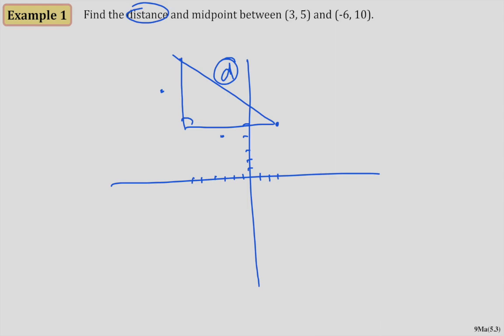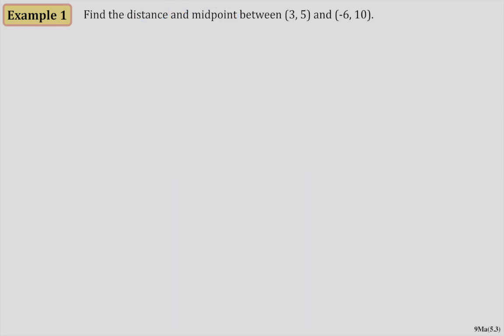That would answer that part. I could then find halfway between by averaging the x values and averaging the y values. That would give me the midpoint. But that's using a diagram and it's messy, especially if the points are awkward. So let's just use our formulas.